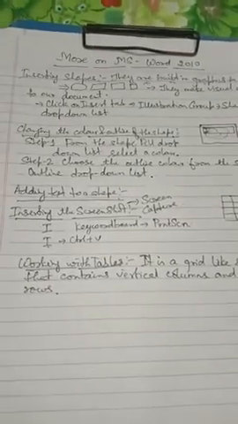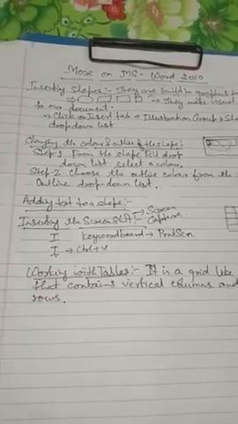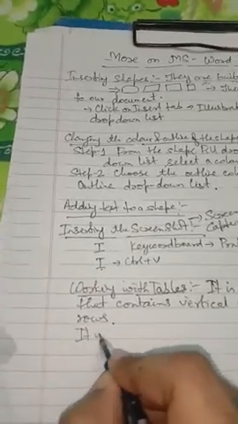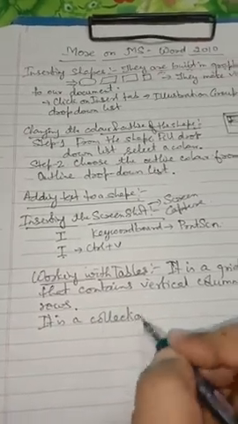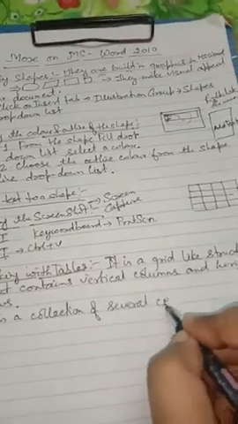We can also define the table as a collection of cells. We can also say, what is a table? It is a collection of several cells.